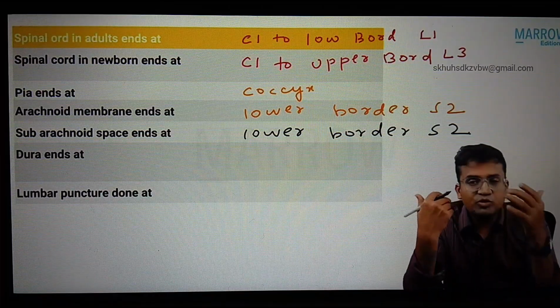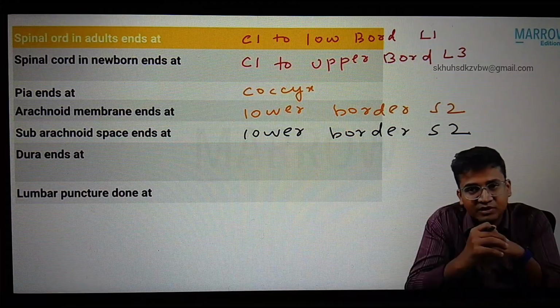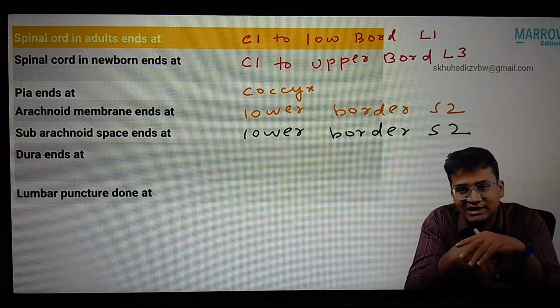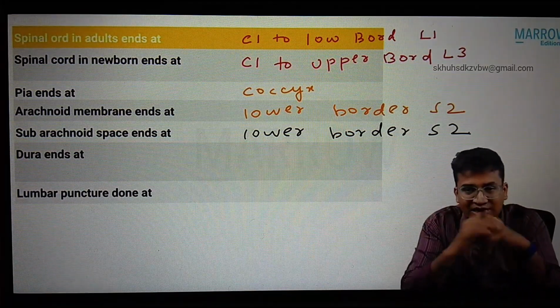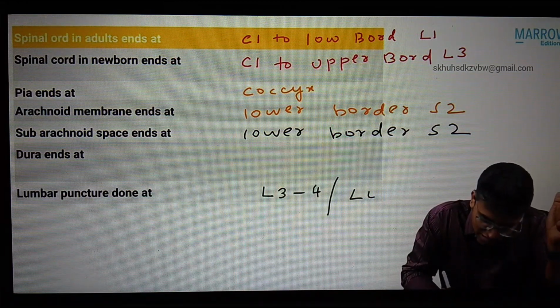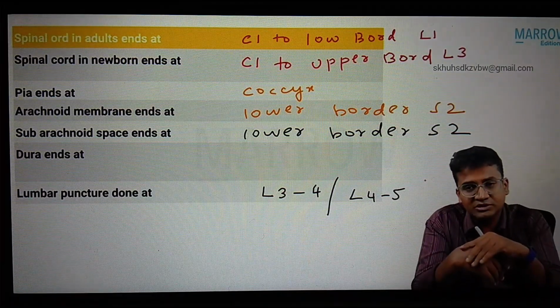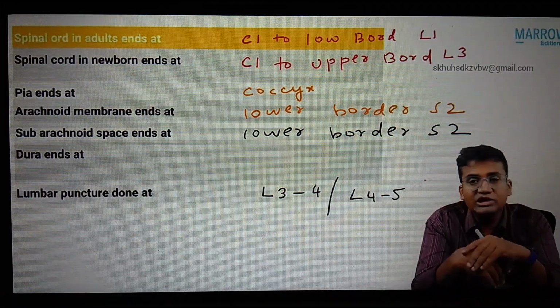Right. Now we're going to take CSF for culture and sensitivity. So lumbar puncture is done before S2. The ideal site is between L3 and L4 or L4 and L5. This is the ideal site to do lumbar puncture. Okay, right. Now, what about the dura mater?